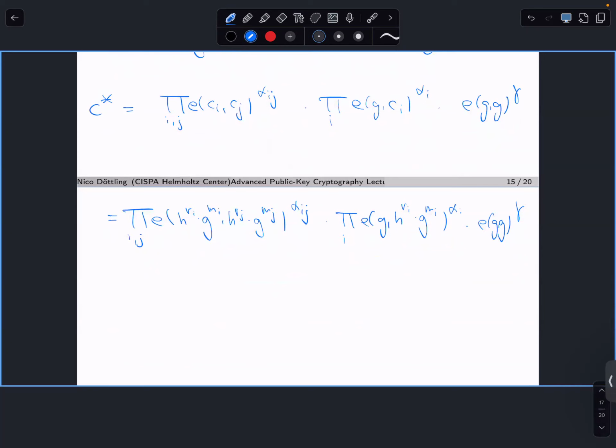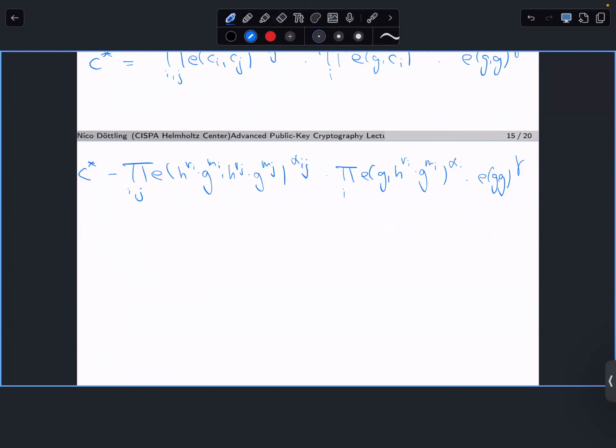I think we can take a shortcut, because decryption takes such a homomorphically evaluated ciphertext and raises it to the power Q. Let's look at C star raised to the power Q. So what happens if we take the right-hand side and raise it to the power of Q?